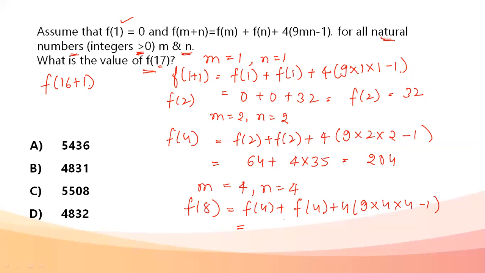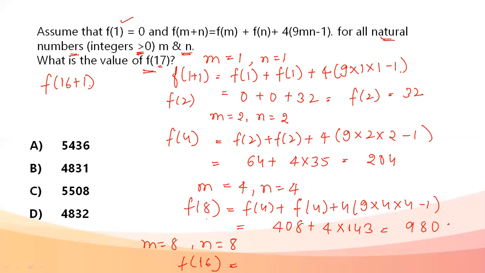So it's 204 plus 204, 408 plus 4 into 143. On solving this, it comes out to be 980. Now f of 8 is sorted. Let's use m equals 8 and n equals 8. I am finally getting to f of 16.